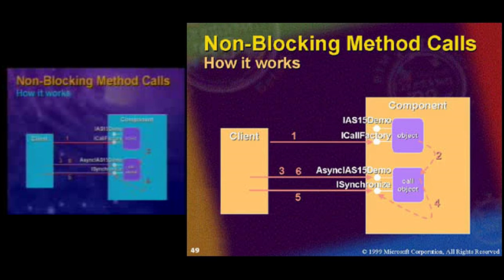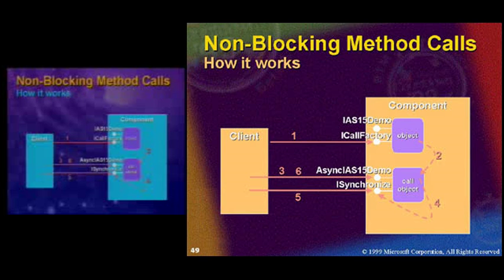So if the client wants to make asynchronous calls, but the server only supports synchronous calls, that's fine. The proxy and the stub will do the right thing to make that happen. Conversely, if the client only wants to make synchronous calls, but the server object supports asynchronous, then we'll do the right thing there as well.